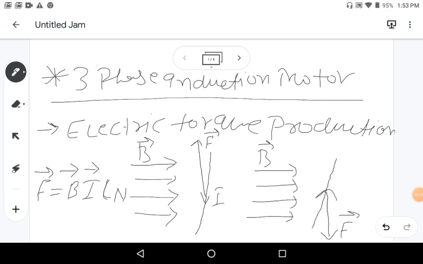According to the right hand rule, take the direction of current as L, then rotate the right hand palm into L cross B. The direction of the thumb is the direction of force.